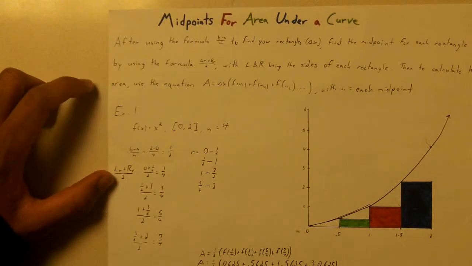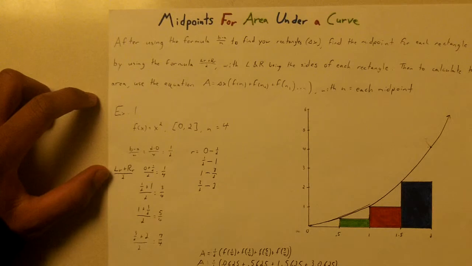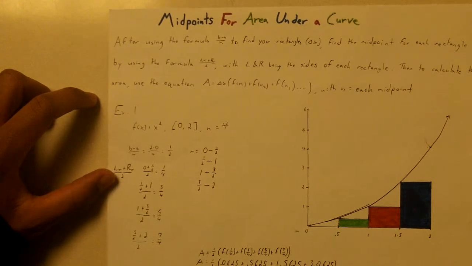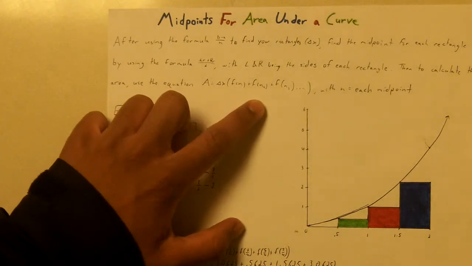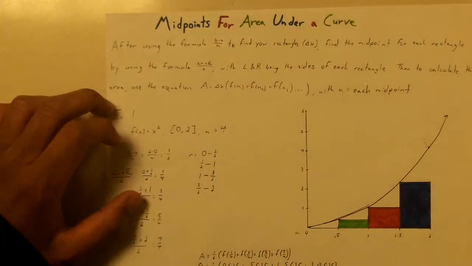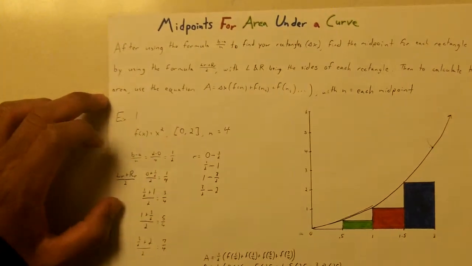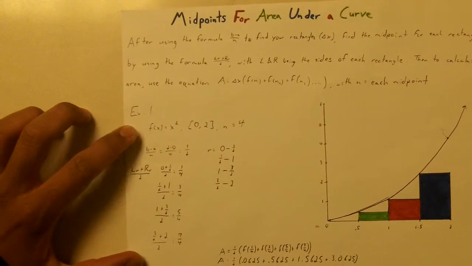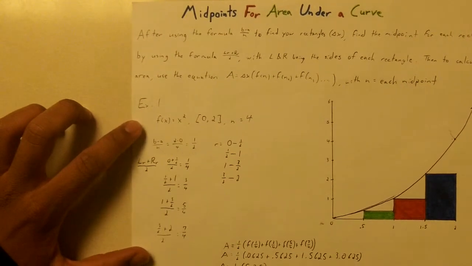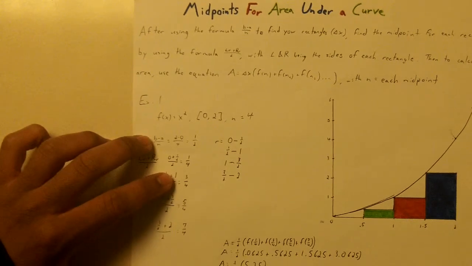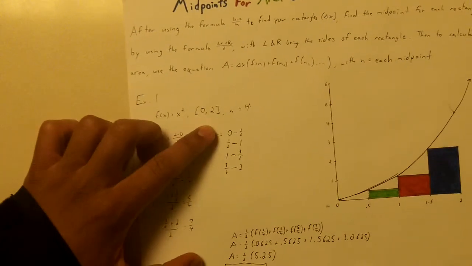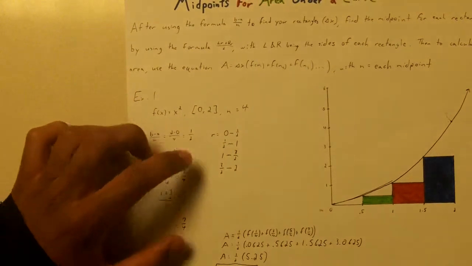Then to calculate the area, you use the equation A equals change in x times f of n1 plus f of n2, etc., with n being each midpoint. So this is an example, which is f of x equals x squared, between 0 and 2, and your n is 4.